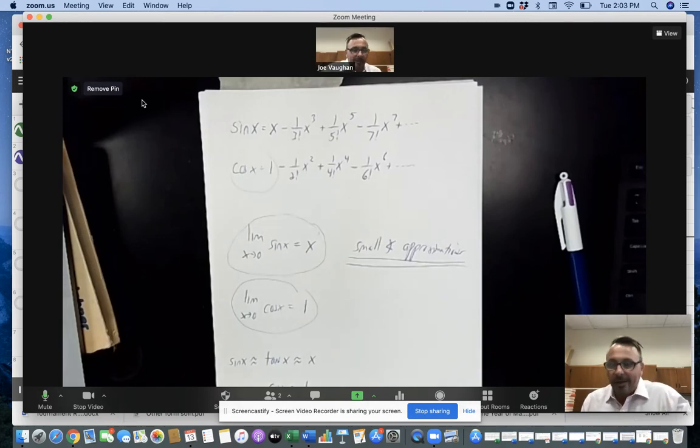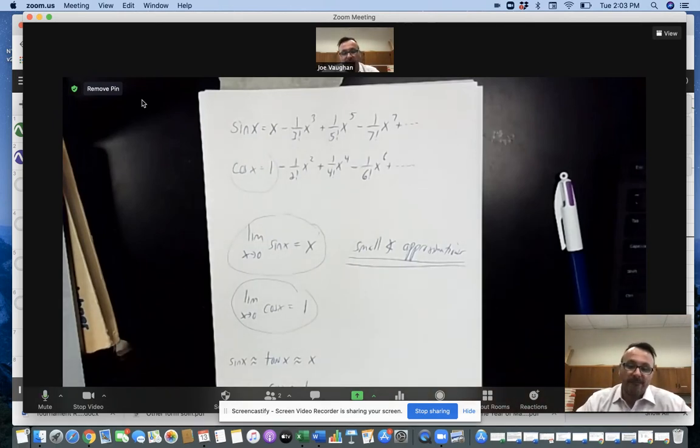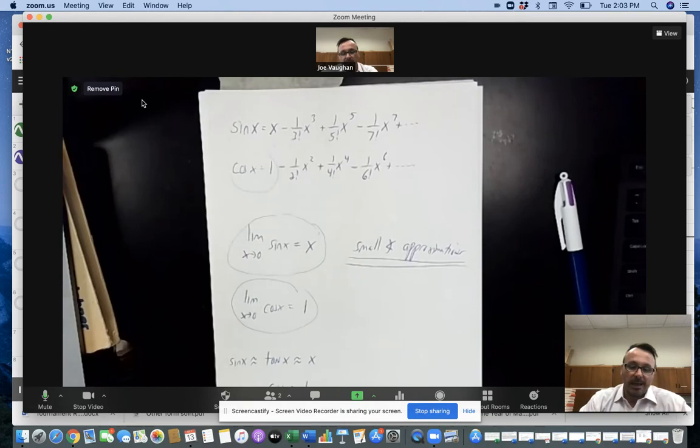So what's small values? Well, it kind of depends on what your threshold is. If you notice there, it was a pretty good analysis up to about 0.4 radians. So if we plug that into our calculator and figure out what 0.4 radians is, 0.4 radians times 180 degrees divided by pi, you get about 22 degrees.